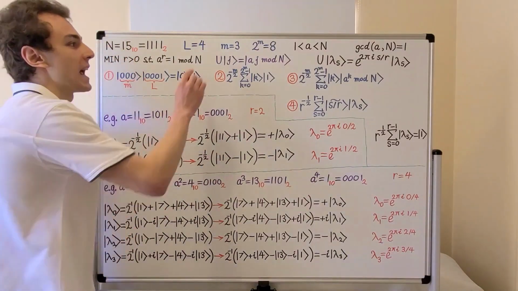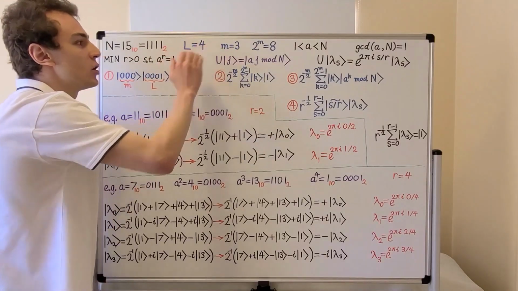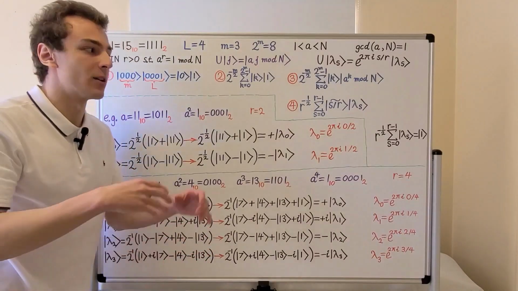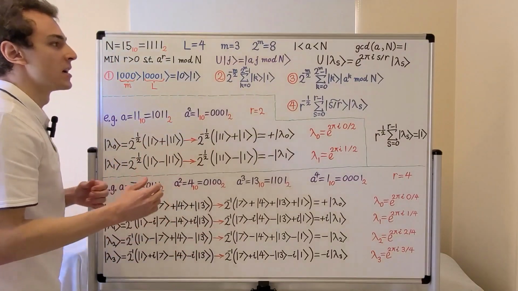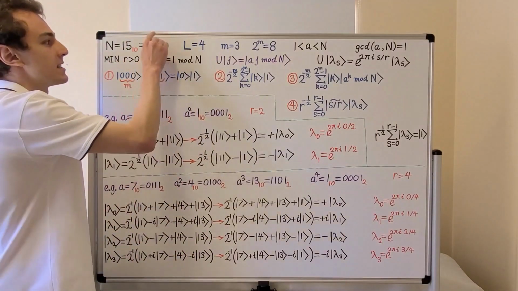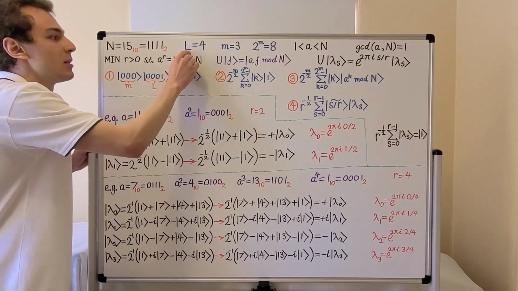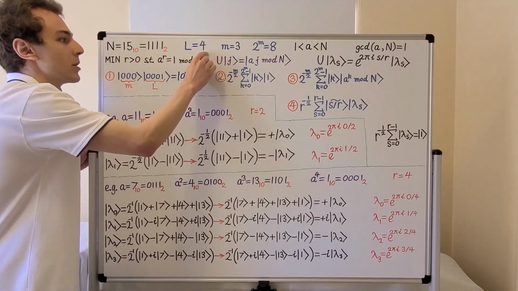Now let's define what m and L are. These are the number of qubits in 2 registers that we're going to be dealing with when we write down all of the rules in this quantum algorithm. So L is the number of bits it takes to represent 15. N in general is an L-bit number, and 15 is a 4-bit number.